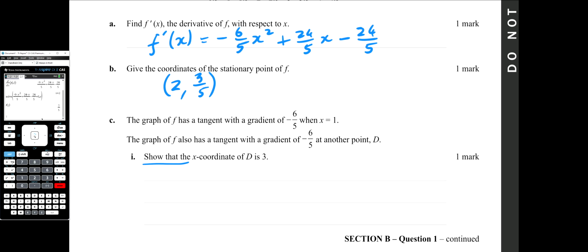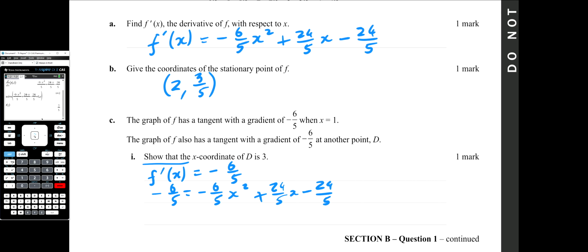So the way we do this is we need to take the derivative f dash of x and equate that to negative 6 over 5. So that means negative 6 over 5 is equal to, and then you copy down the derivative from part A, negative 6/5 x squared plus 24 over 5x minus 24 over 5.